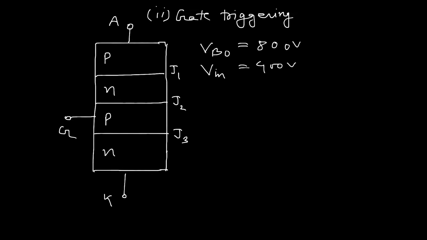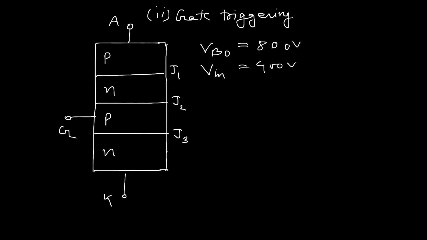So in which way can the device be conducted? As per the normal specification, the device cannot be conducted until we apply an anode voltage above 800 volt. But still, the device can be conducted with the application of 400 volt if we are using some gate signal across the gate.